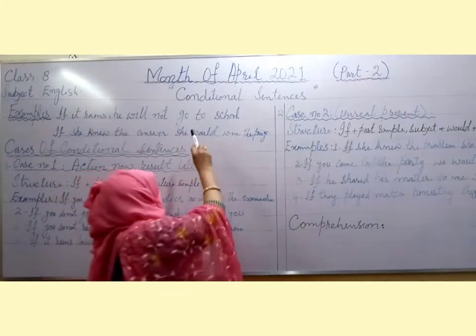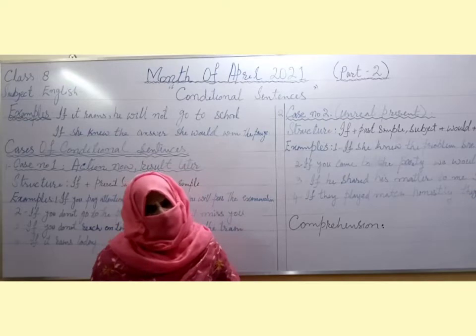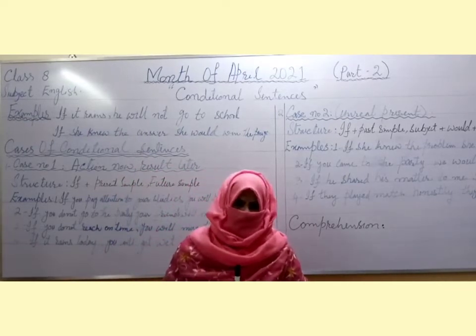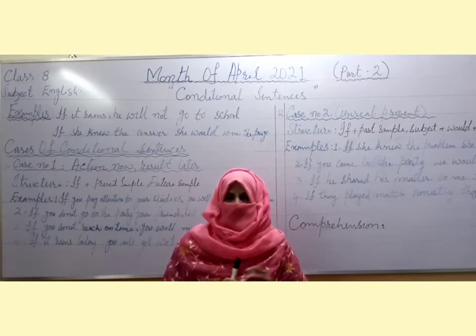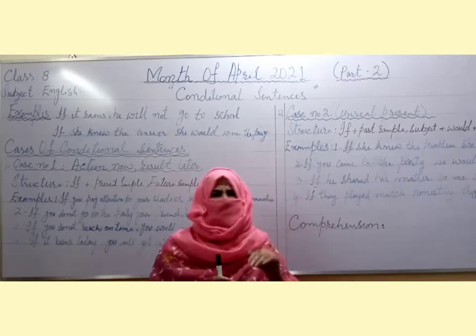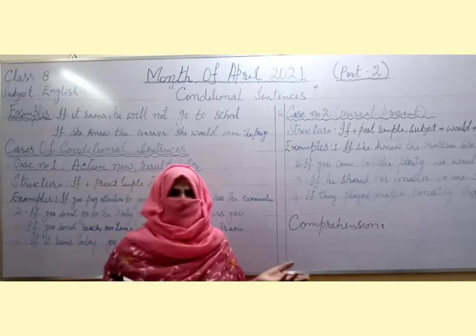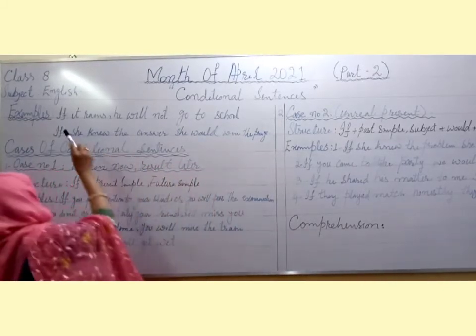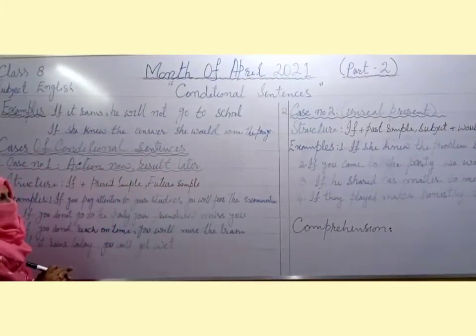Conditional sentences. So first of all, what are conditional sentences? Conditional sentences are those sentences that express one thing is contingent on something else. For example, if it rains, he will go to school.